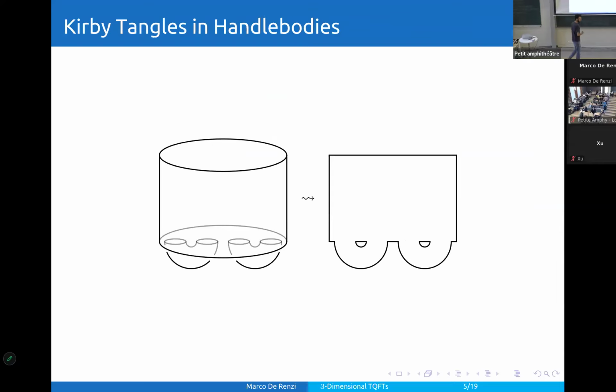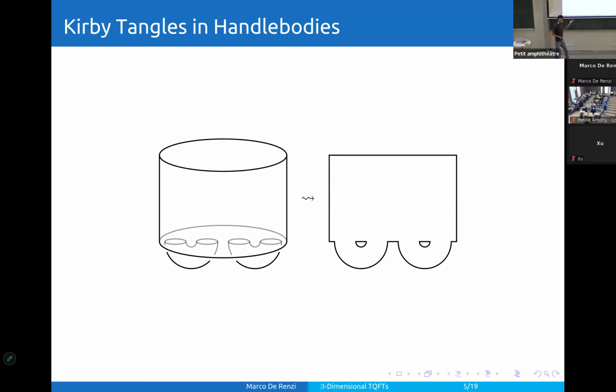This is a picture, an example of the genus 2 handle body. In this picture you see M_2, and this is realized as the cylinder over a single disk. To the bottom face of the cylinder, I glued two copies of the three-dimensional 1-handle. We're going to represent this diagrammatically by looking at a vertical slice of this handle body, the intersection with a vertical plane that cuts in half all the handles.